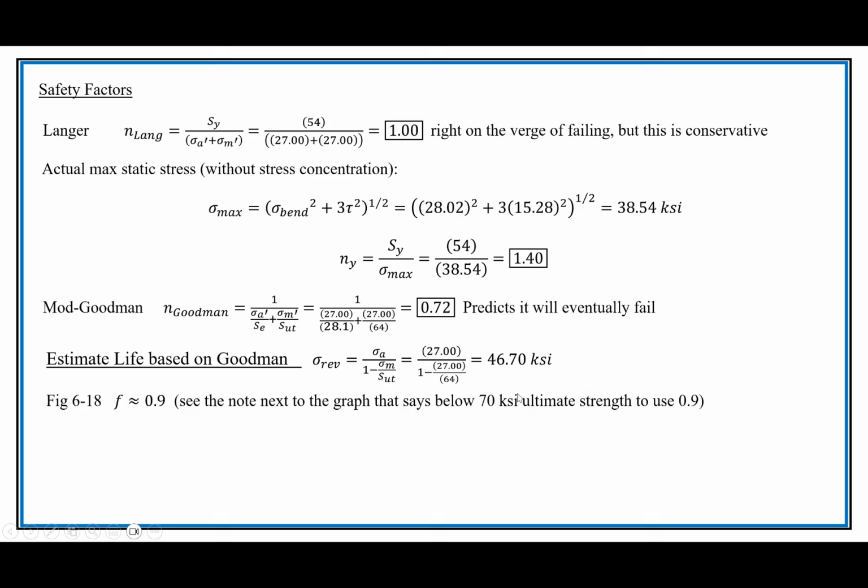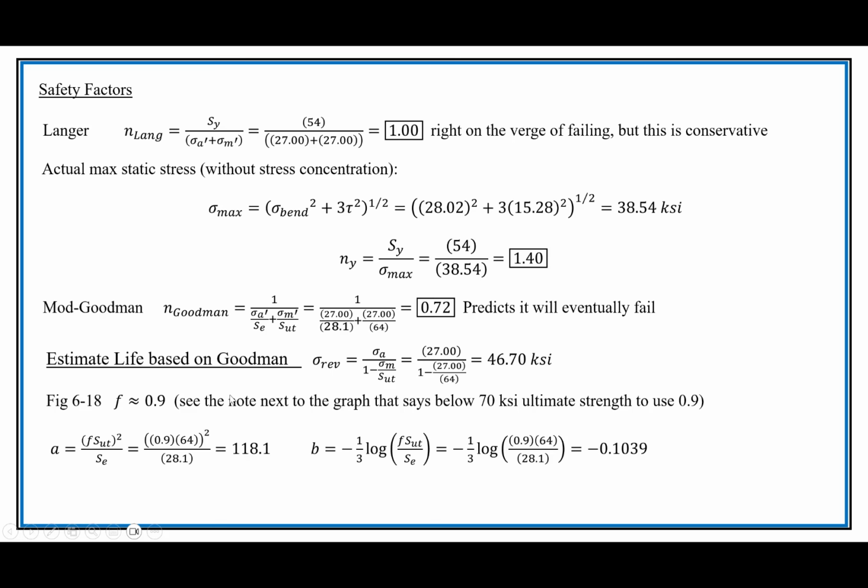So we're below the 70 that's at the far left of this figure 6-18, and if you read below there, it says use 0.9 in that case. So we use 0.9 to come up with these A and B, which are the coefficient and the exponent for our life equation. We plug in the equivalent 46.7 that we found from this Goodman equation, and now we have a prediction of 7,500 cycles.